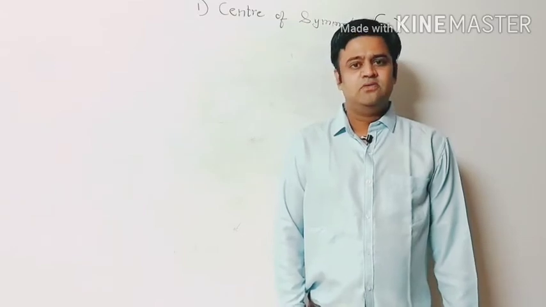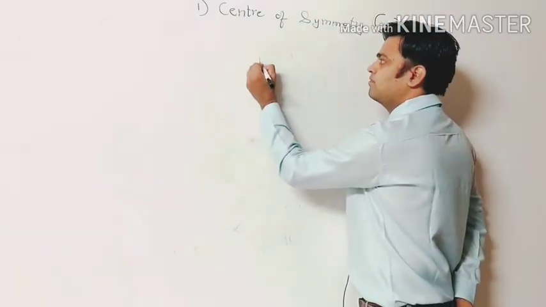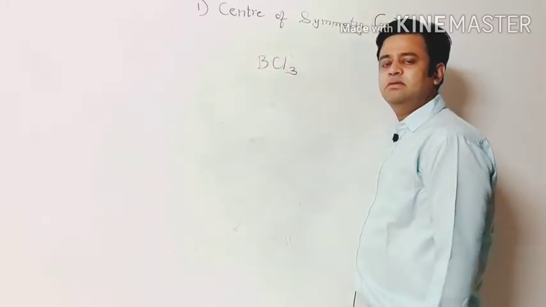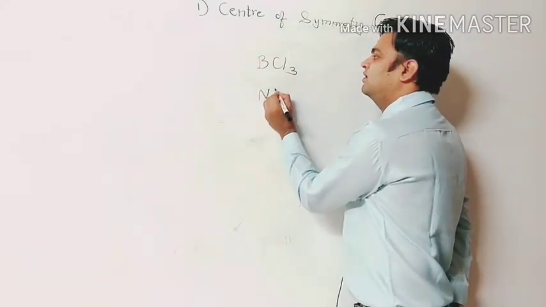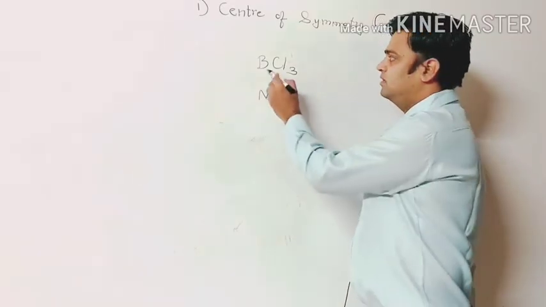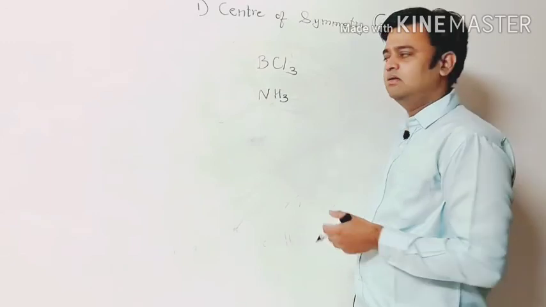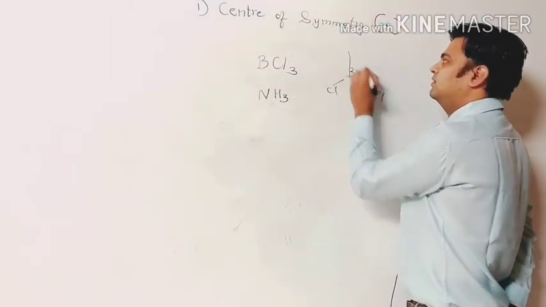Then can you find out the center of symmetry for BCl3, NH3? You must know the geometry. BCl3 looks like a fan, the geometry of a fan. B is trigonal planar, with B and Cl.